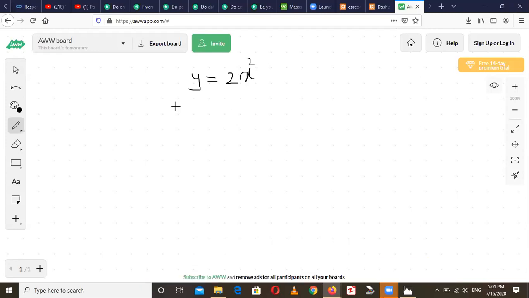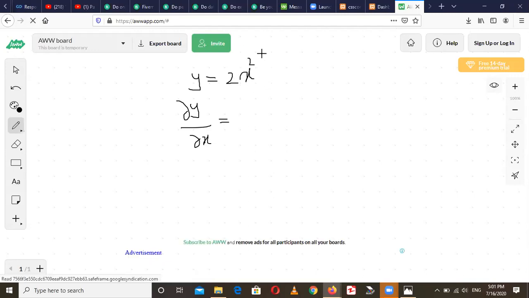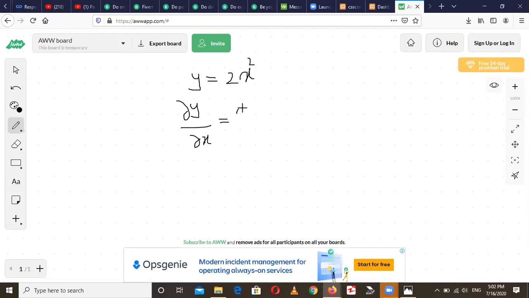Yes, I can hear you. If I have to differentiate this function with respect to x, what will I do? I will take differentiation on both sides with respect to x. So del y by del x is equal to, basically, this derivative will only be applied to the term x and not the rest of the terms. So I will move 2 forward and I will only apply the derivative to x.